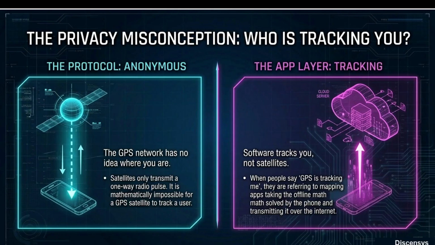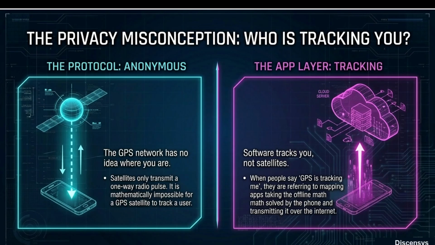It only sends signals. The tracking actually happens in the app layer. The software is the one which tracks us, not the satellites. When people say GPS is tracking me, they are referring to the mapping apps. For example, if you are using Google Maps, the tracking software is within Google Maps, not within the GPS.